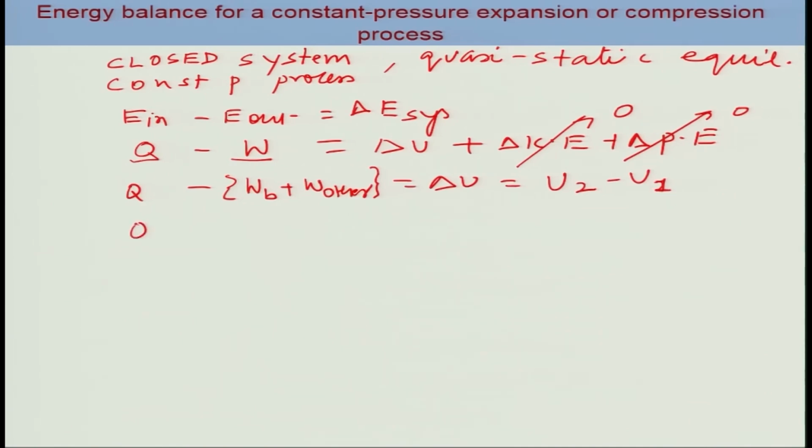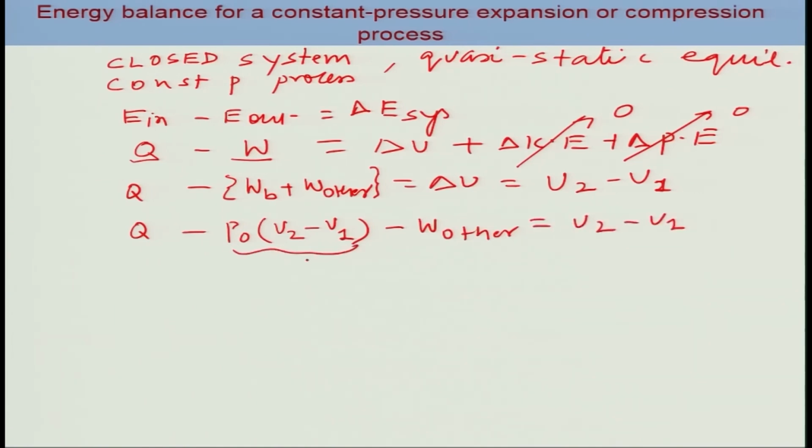Now for a constant pressure, the boundary work, we know, we have done this exercise earlier, is nothing but P0, which is a constant, multiplied by the change in volume, V2 minus V1, and then you have this other work here.